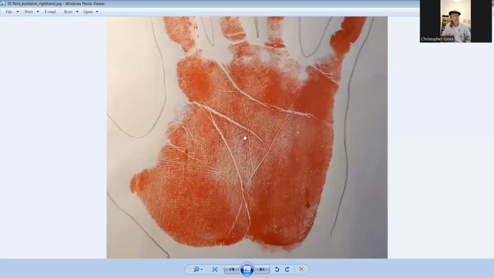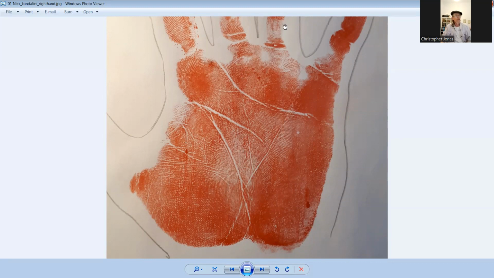This is a line of balance. It sits in the middle of the palm, running from the bottom to the top, and is a very good descriptor of the boundaries between people and how people create boundaries within their life. It's like a threshold line between the conscious half of the hand and the unconscious half of the hand. So that's the fourth most commonly found line.